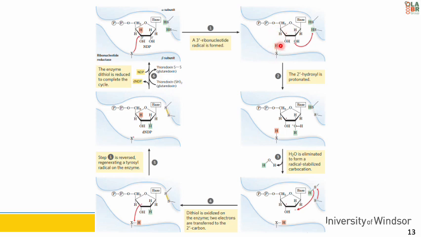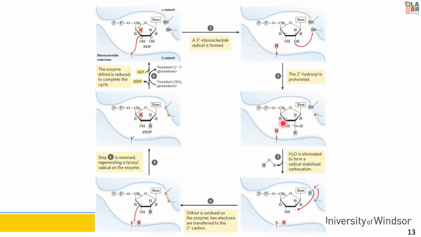From here, the 2' hydroxyl is protonated. You can see from this sulfhydryl group right here, we have the protonation of this group, and we go down here and can see the protonation is complete. Remember, we also have this free radical.